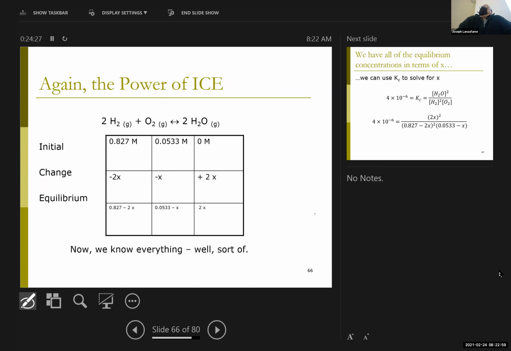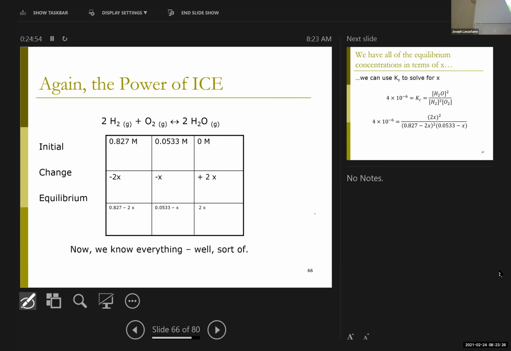And so I knew the initial amounts. I know nothing about the equilibrium, right? I do not know the equilibrium amount of hydrogen or oxygen or water. Although, again, because I plus C equals E, as soon as I filled in the I line and the C line, I know what the E line is, at least symbolically, right? Because I plus C is always E.